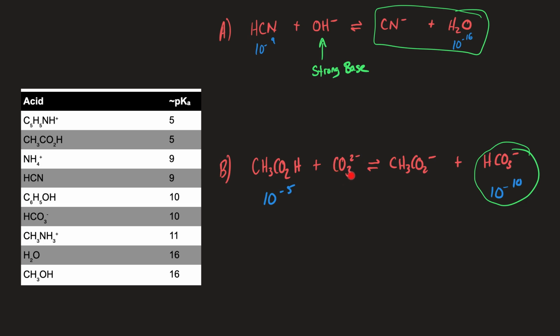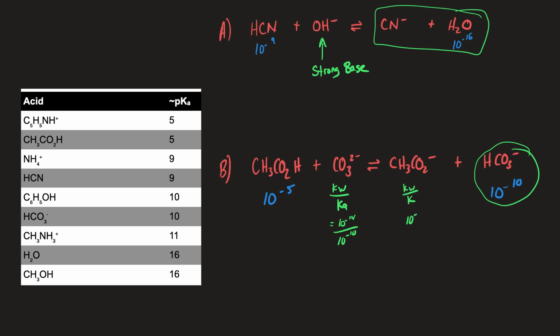In fact, we could, if we wanted to. We could calculate the Kb for this because we know it would be Kw over Ka, and that would be the Ka for HCO3 minus. So that would be 10 to the negative 14 over 10 to the negative 10. And here we would have, again, Kw over Ka.